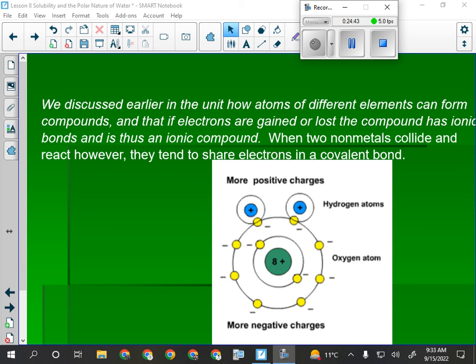For hydrogen, the electronegativity is 2.2, which for a nonmetal is actually fairly low. But if we look at oxygen, its electronegativity is 3.4. Electronegativity is basically how tightly or how hard that element will hold on to electrons.